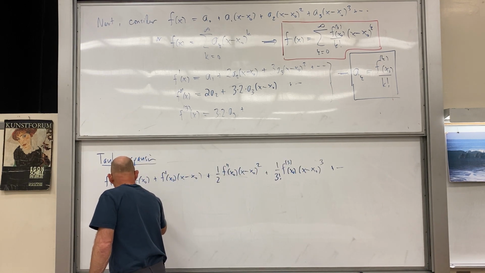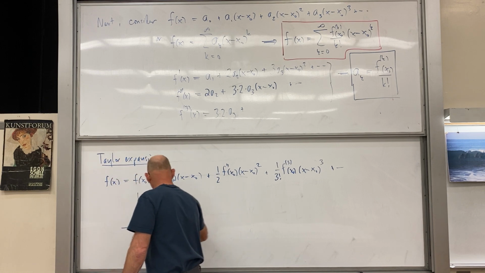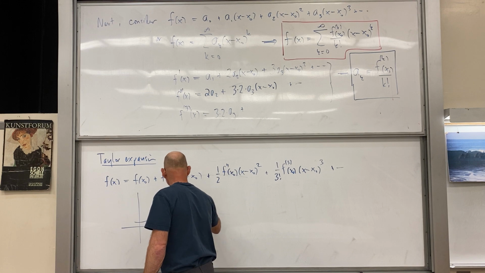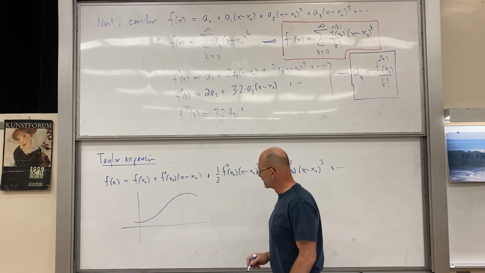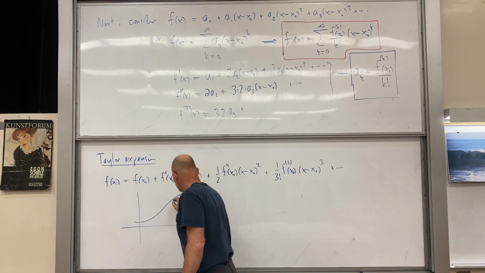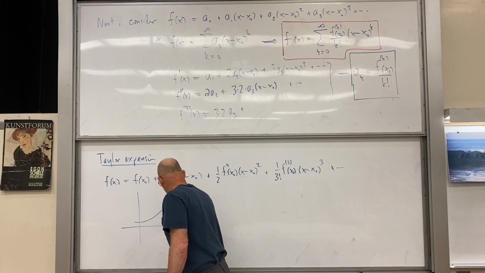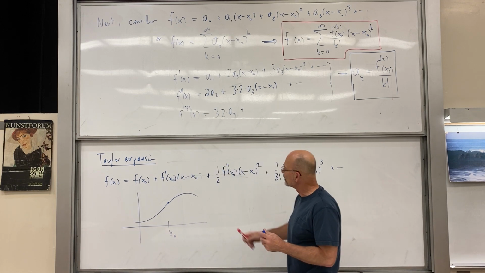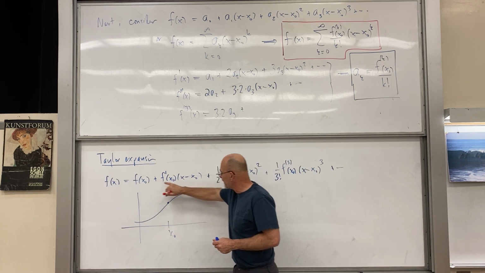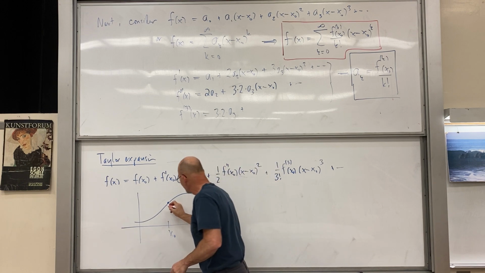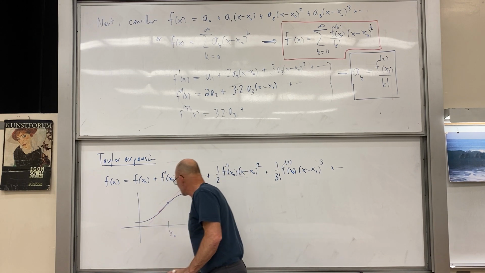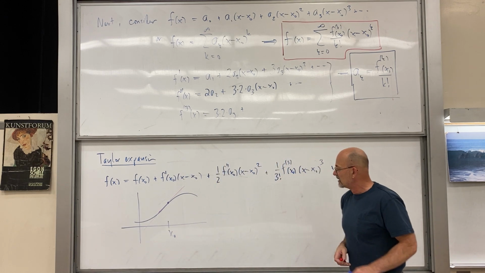So if I do my function here, maybe I'll do a different one. I'll do that one there right now. This is kind of an interesting one. We'll make this the x0. Then my linear approximation is if I just go f of x0 plus f prime, and that is my straight line again. Okay.